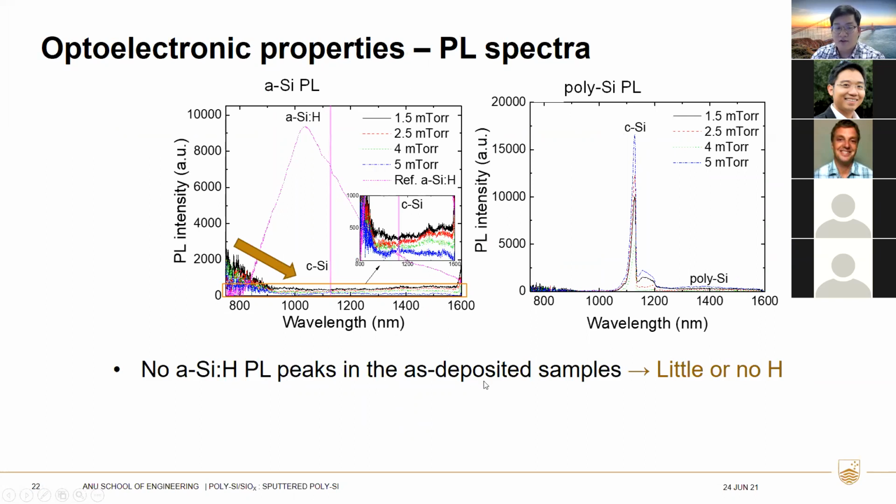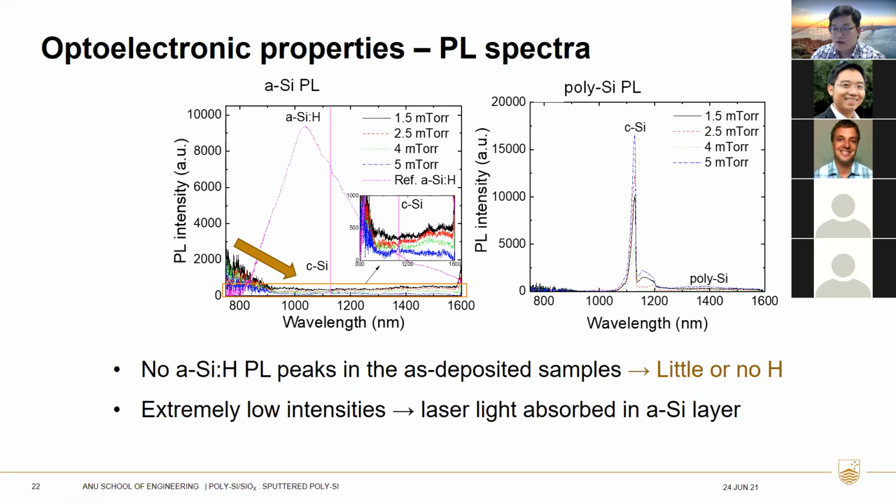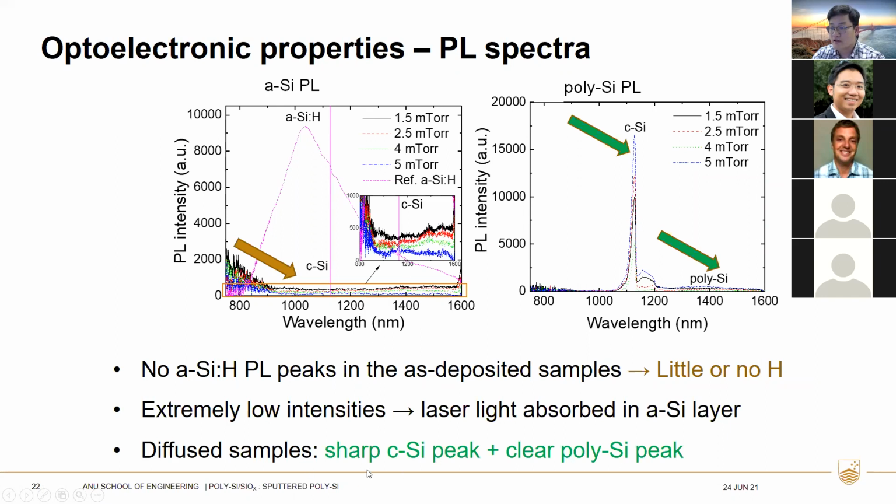So it indicates little or no hydrogen, and the extremely low PL intensities indicate the laser light is mostly absorbed in the amorphous silicon layer. After the diffusion, we see a clear crystallized silicon peak and polysilicon peak, which indicates the film is already crystallized.